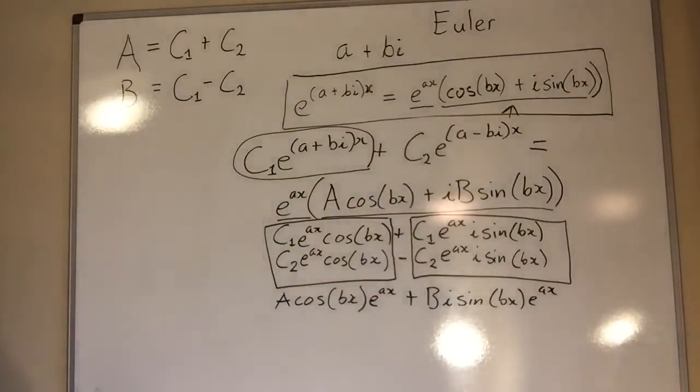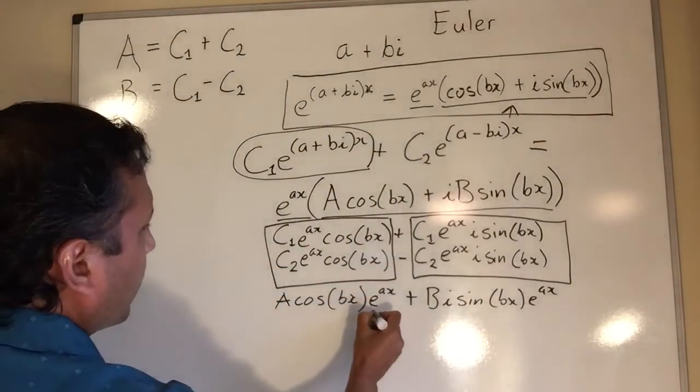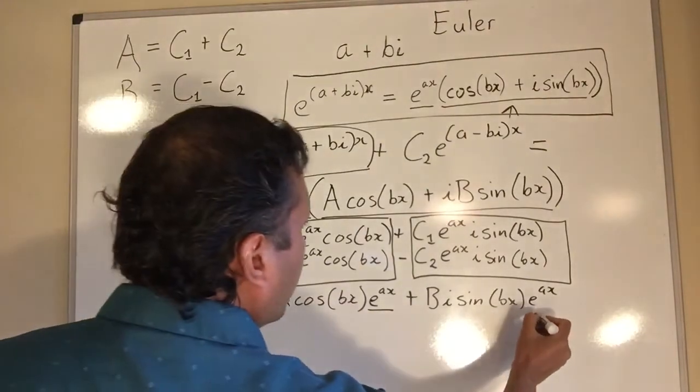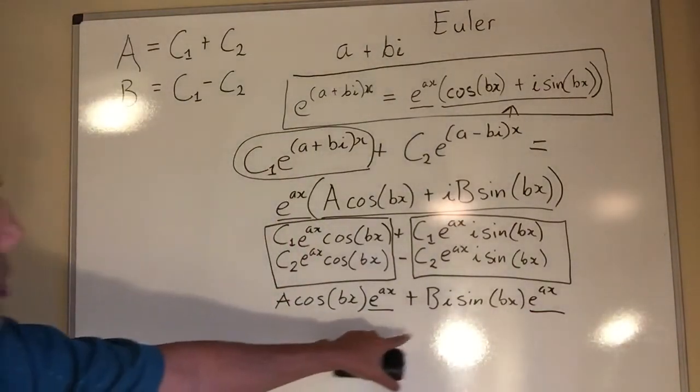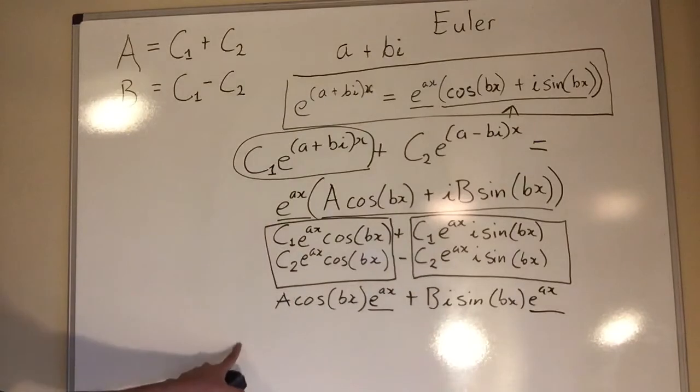Okay, so now I notice that this value is also here. So I can actually take this e to the ax out.